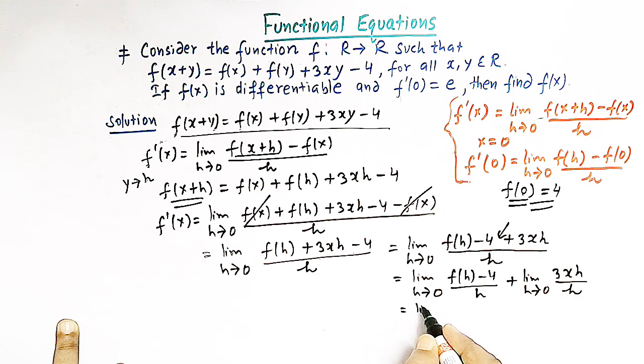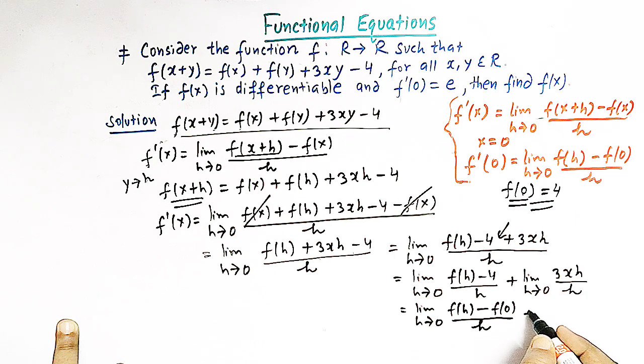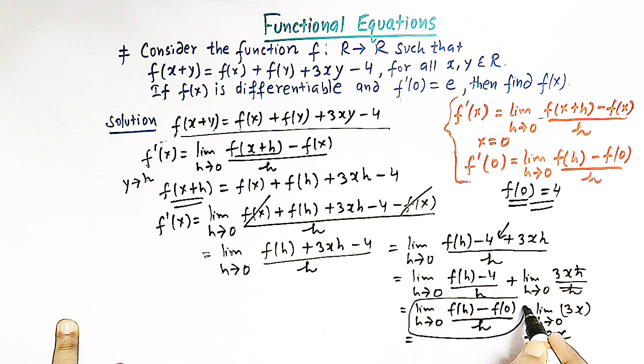So now we have limit h tends to 0, f of h minus, for 4 we can write f of 0, divided by h, and here we have limit h tends to 0, h and h get cancelled, so we have simply 3x. Now 3x is independent of h, so we can simply write 3x, and for the first expression we can write f prime of 0.